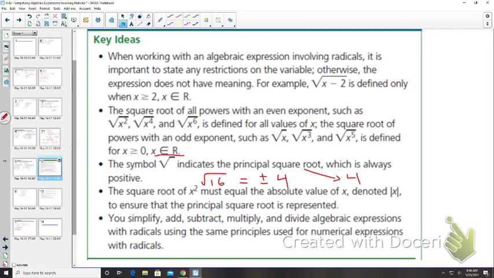And when you are simplifying, adding, subtracting, multiplying, or dividing algebraic expressions, we need to use the same principles used for numerical expressions with radicals.